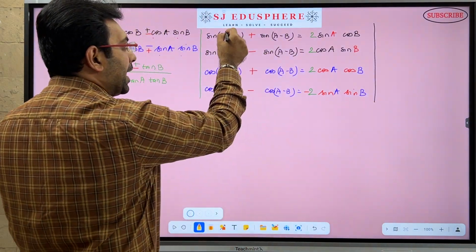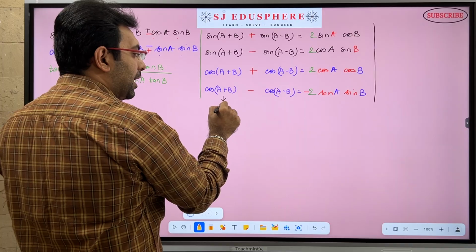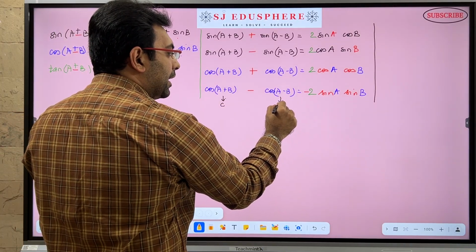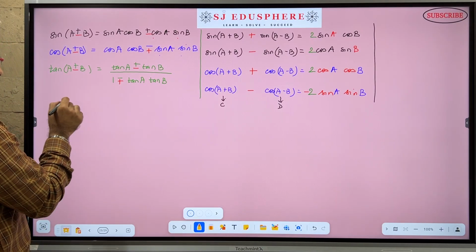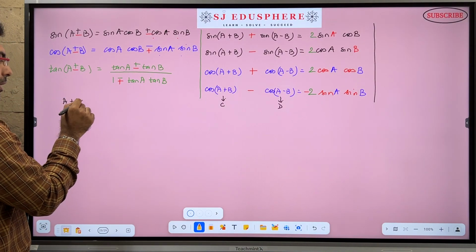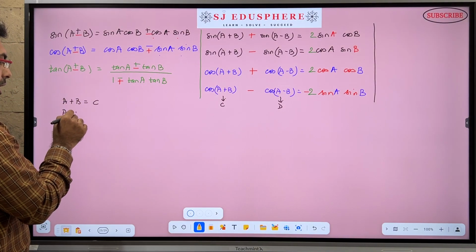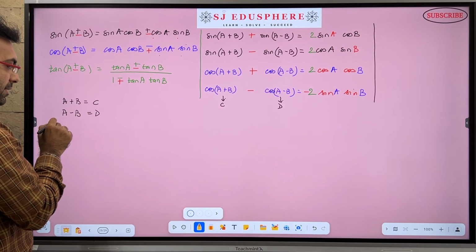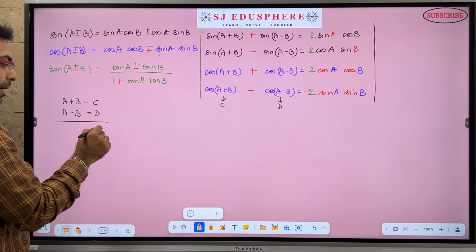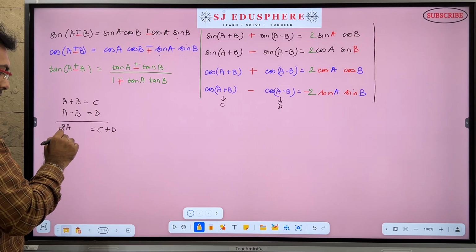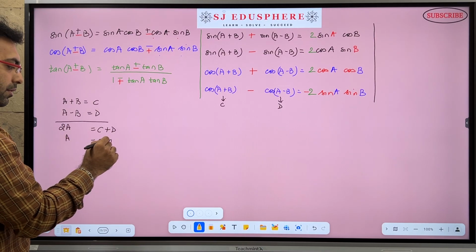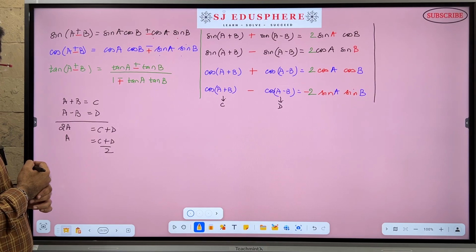I am going to write A+B as C and A-B as D. What happens here? A+B is C and A-B is D. When I add them up, does it result in 2A? That means A will be (C+D)/2.